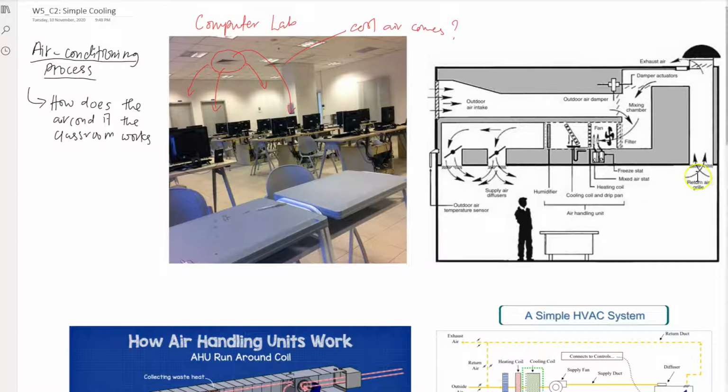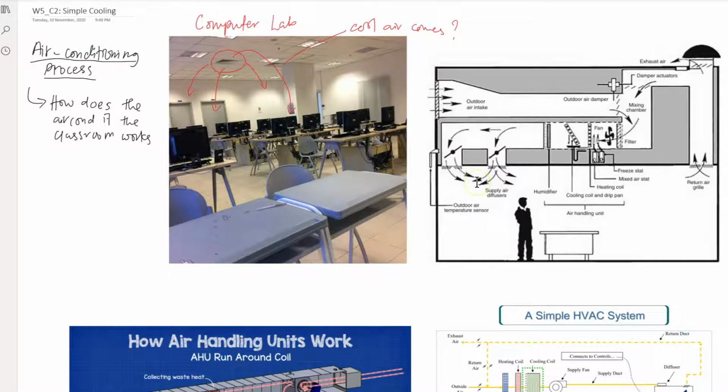You can see that this is where you are standing, and we have this diffuser over here. And where does this air come from? If you can see, it is coming from this part, and also this part.